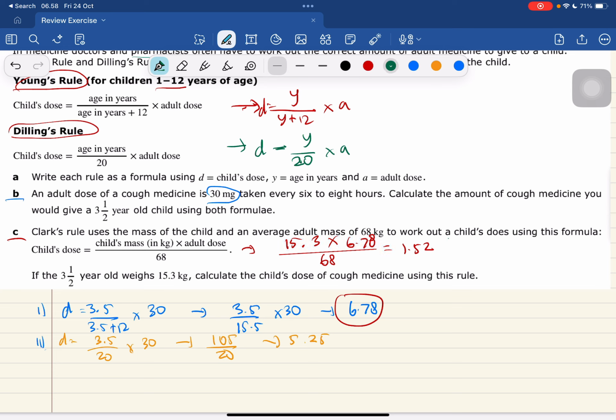Let's try it using the second dose. So 15.3 times 5.25, we divide by 68, it will be 1.18. Okay, there it is. Thank you.